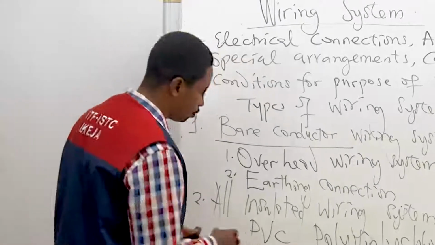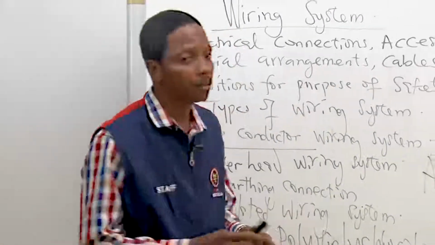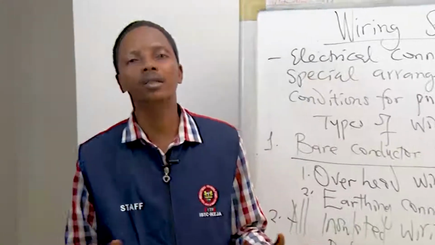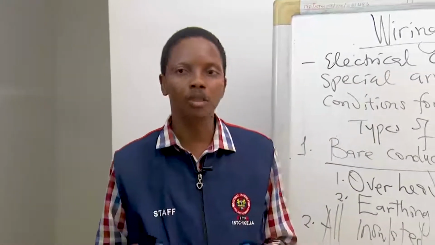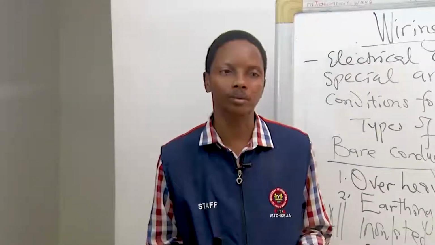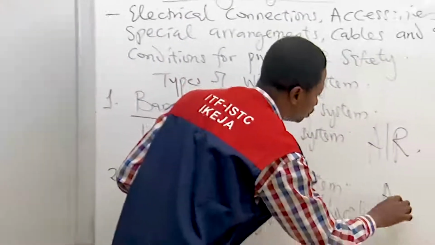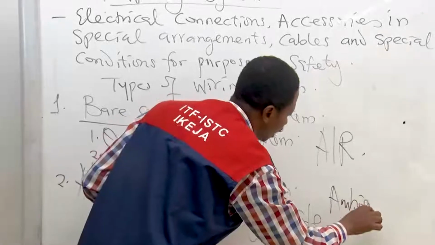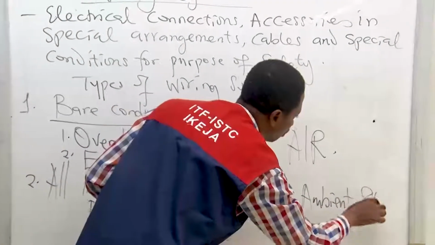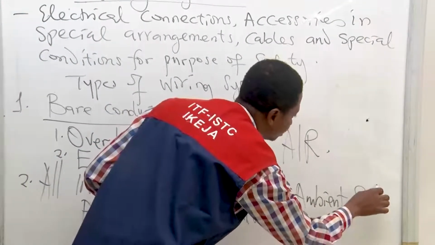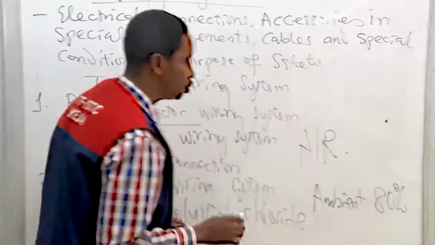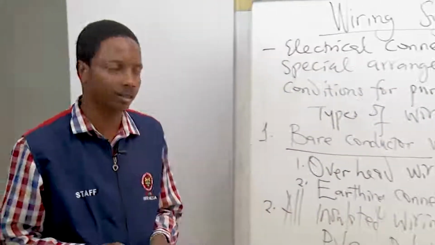So for domestic electrical installation work, we make use of PVC cable. Why? Because of its ambient temperature. The ambient temperature should not exceed 80 degrees.